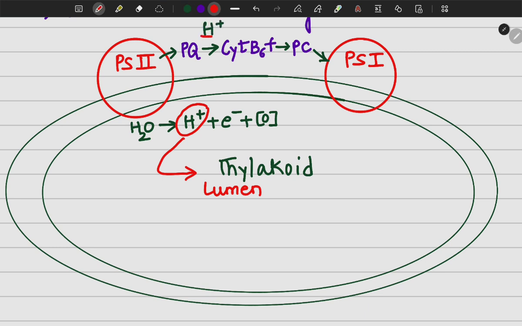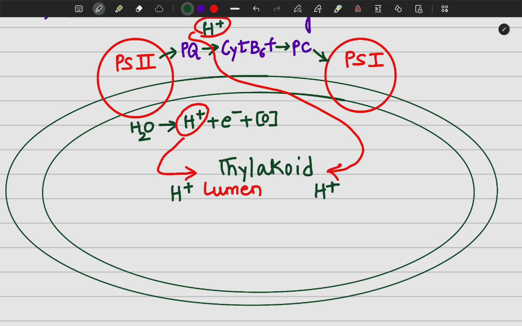So this hydrogen ion will enter inside the lumen. So we can see how there's accumulation of proton or H plus ion inside the lumen of the thylakoid, right? These hydrogen ions will keep entering the lumen in this way, first through the photolysis of water, and also when the electrons are flowing through the electron transport system.